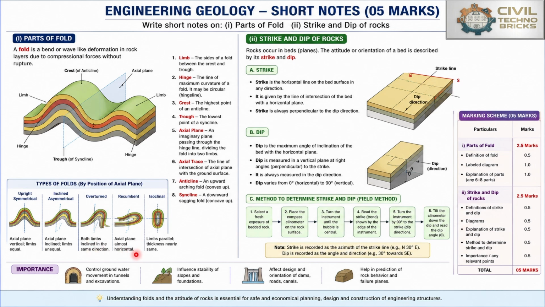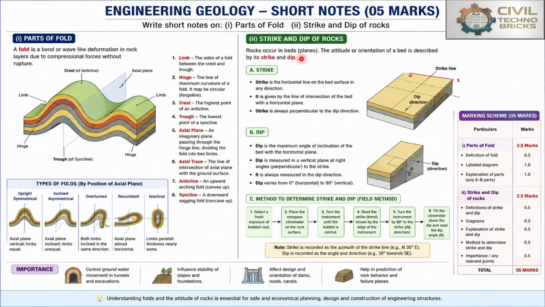Axial plane almost horizontal is recumbent, and in isoclinal the limbs are parallel with nearly the same thickness. So the parts of folds are explained with reference to the diagram with the axial plane. These are all the components of that fold.